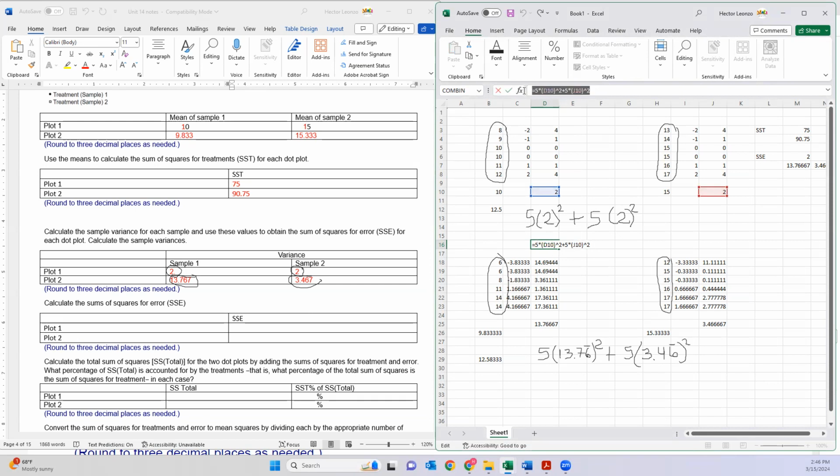Hold on, this is doing it wrong. Let me do this again. It was 5 times this to the second power plus 5 times this number to the second power.